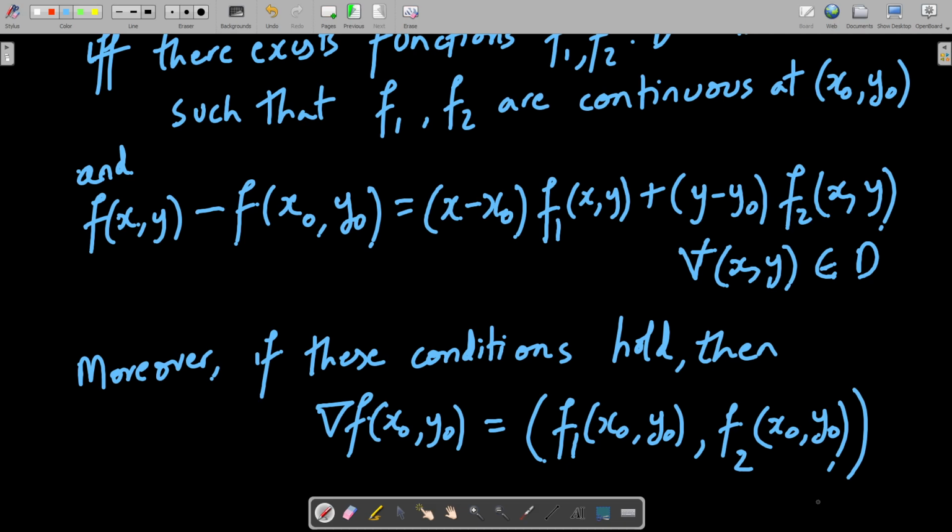So what do you know now? f1 of (x0, y0) is nothing but the partial derivative of f with respect to x at (x0, y0), and f2 is the partial derivative with respect to y, only at (x0, y0). We can't say at other places unless we know that the function is differentiable at those other places, right? So f2 of (x naught, y naught) is equal to f_y of (x naught, y naught), the partial derivative with respect to y. Okay, so let us start with the proof.